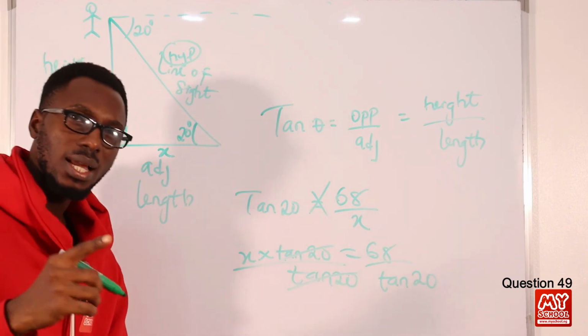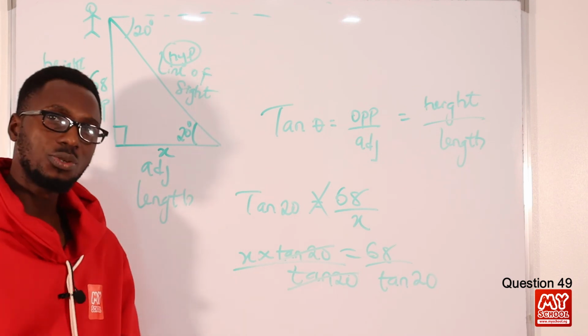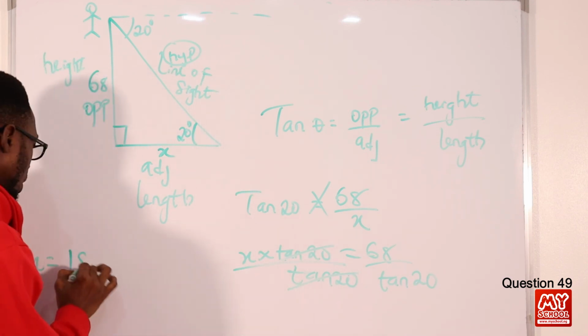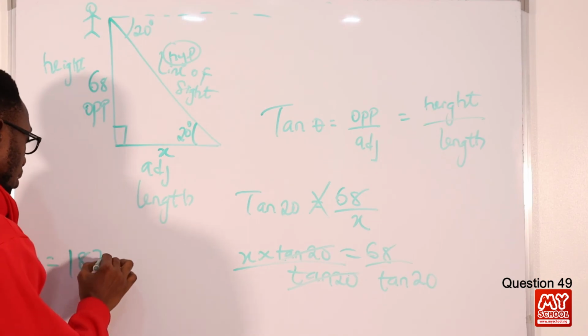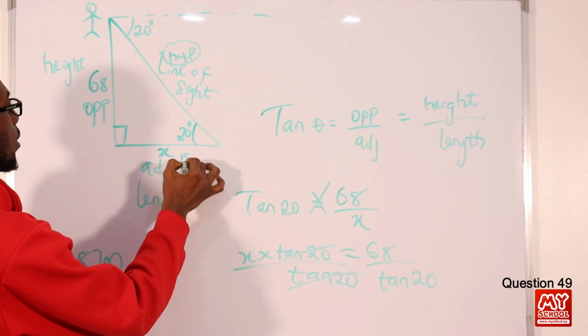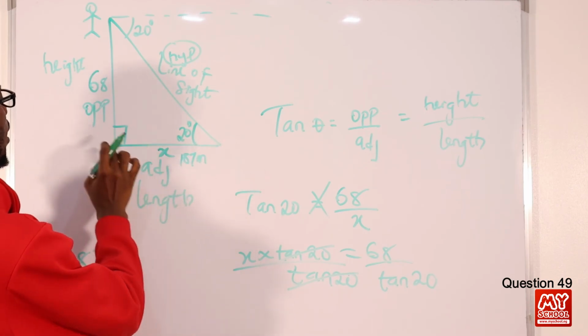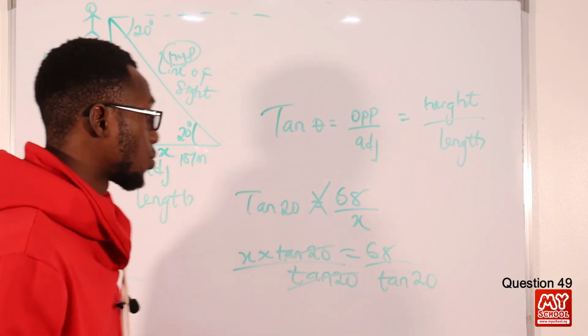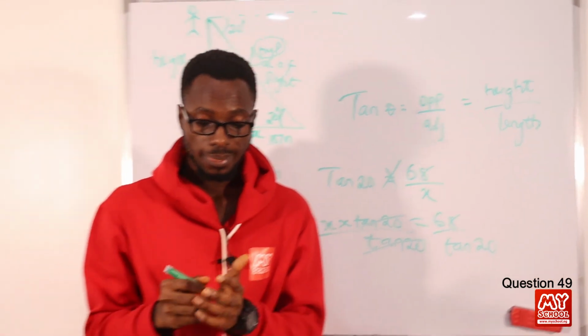Bringing it to the nearest meter, that should be 187 meters, the unit please. So from the principal's car to the bottom of the tower it's 187. Let's go back to the screen.